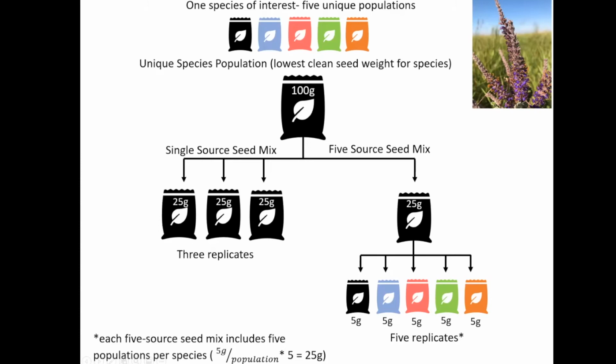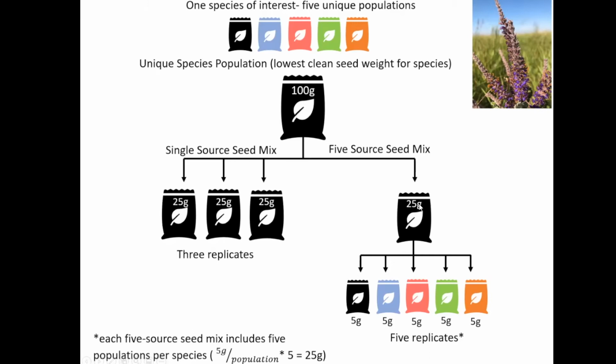I split that amount equally because I have single source plots and a multiple source plot. For my single source plot, I have 3 replicates, and then I have my 5 source plots, which contain the same proportional amount of seed. So I divided my lowest amount by 4, and then I had 3 replicates of a single source mix. So I had replicate 1, 2, 3, all of the same seed mix of that one unique population.